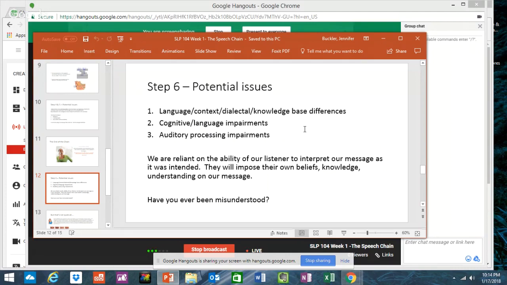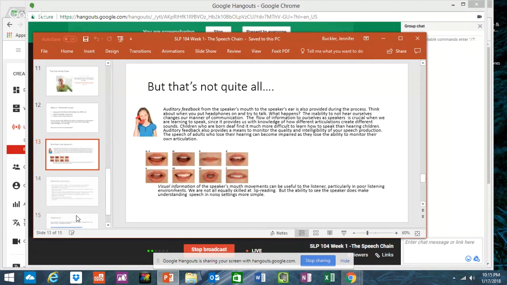Realize too that even if all of those things are intact, the listener will impose their own beliefs, their knowledge, their understanding, their context onto the message they have received before it is responded to. So just think, for example, have you ever said something and been misunderstood? Obviously we all have had that experience, and this might explain how those misinterpretations can happen so easily.